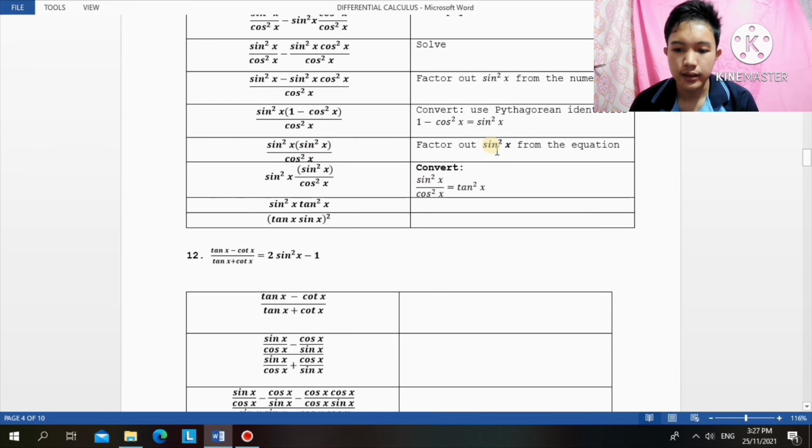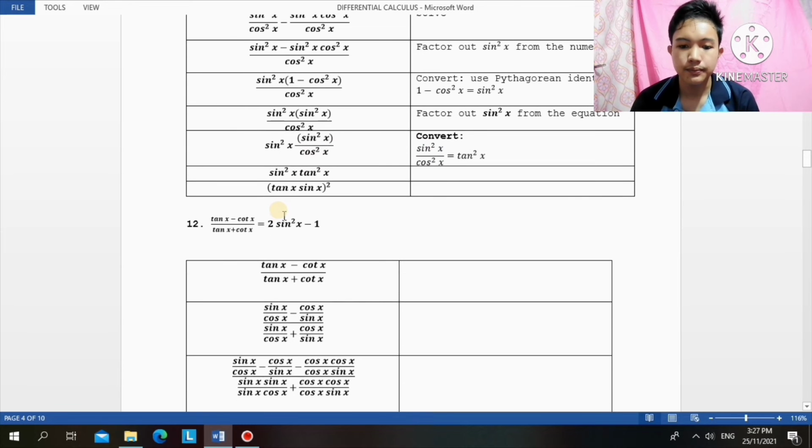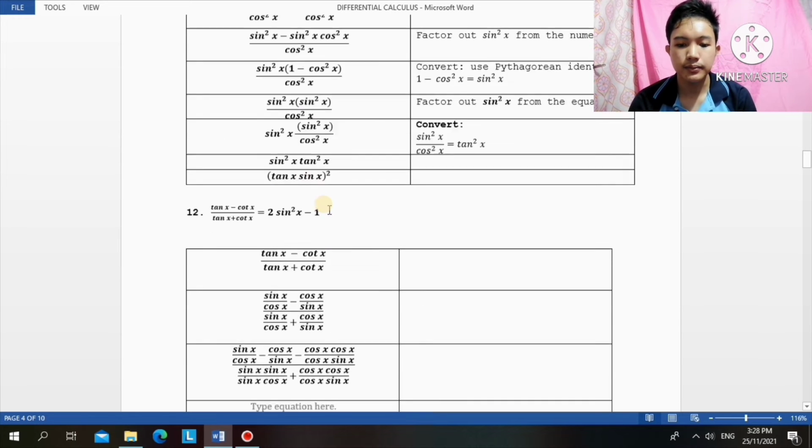Then factor the sine squared x from the equation. So our equation will be sine squared x times sine squared x over cosine squared x. Then convert sine squared x over cosine squared x into tangent squared x. So our equation will be sine squared x times tangent squared x, or tan squared x sine squared x.